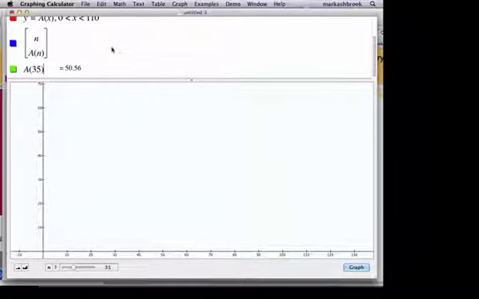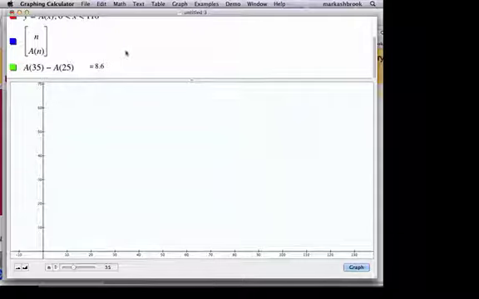So what's the meaning of this? I typed in A35, it gave me 50.56. You should know the meaning of that. It's the expected attendance if the temperature was 35. This was one of yours. This is really important to look at function notation, especially a difference.